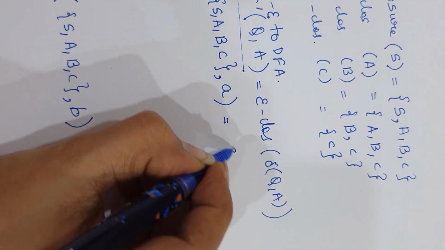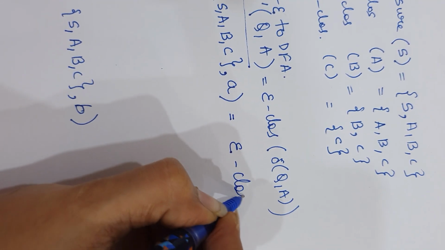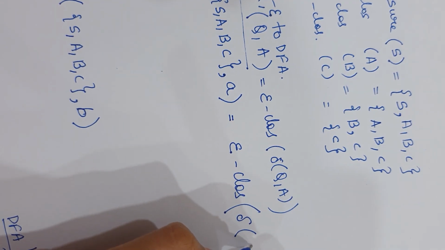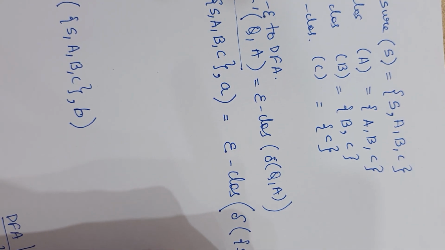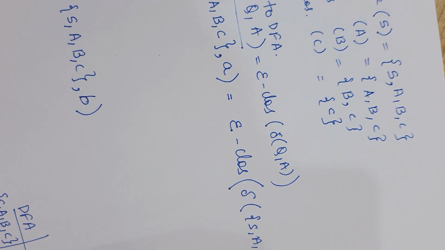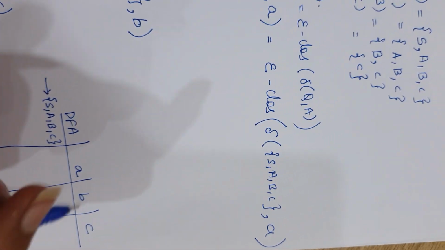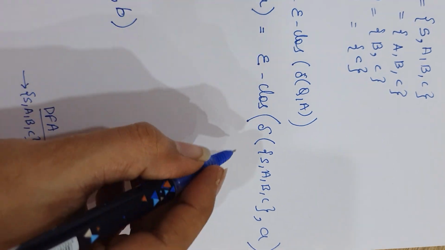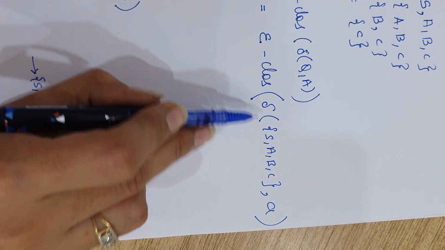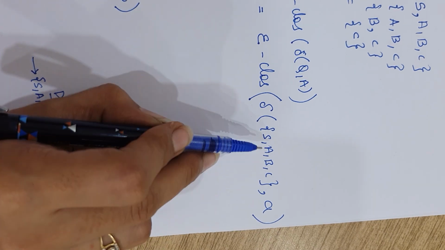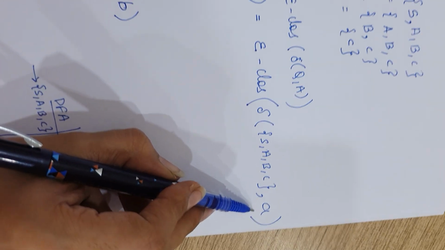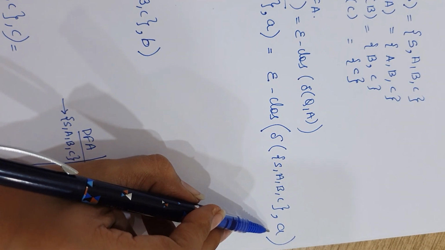This is written as epsilon closure of delta of Q whatever is there. So we have SABC along with A. Now we will be finding the epsilon closure of these values. First we'll find out the transition of S with A, then A with A, B with A and C with A, as we used to do in the normal DFA.